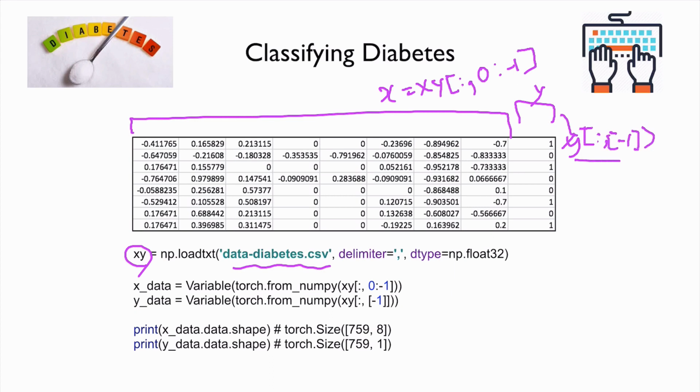This is how we load X and Y, and then we transform this NumPy to Torch, and wrap the variable, and then we have X and Y data. If you want, you can print out the shape of the data, and we can see we basically have 759 data with 8 features, 8 X values, and then 1 Y value.